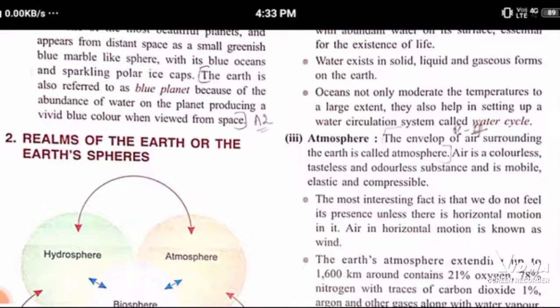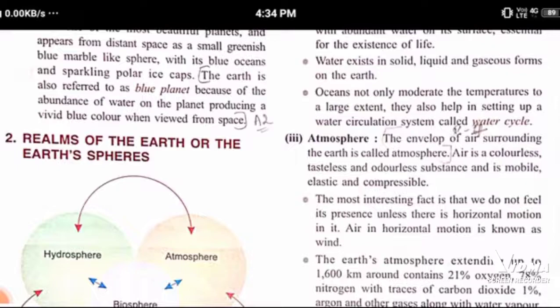When the water vapors are condensed, they come down as rain, and then this process occurs again. So this is the water cycle, nothing else. Very simple. Now you would understand easily what the water cycle is, which is given in our book.